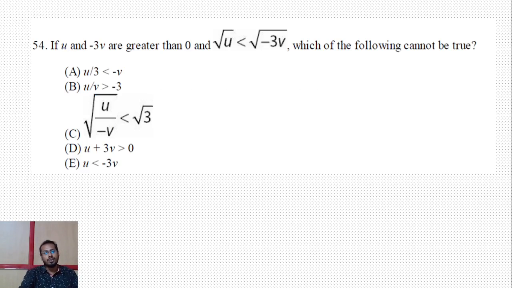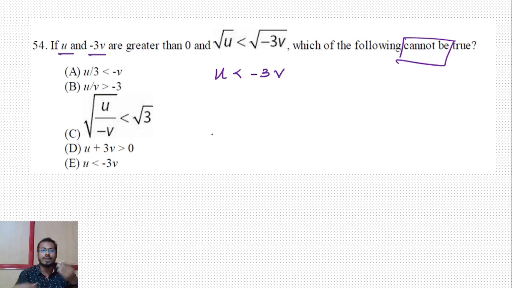Look at this: u and negative 3v are greater than 0. So the equation is given, and the question is which of the following cannot be true. So here, instead of must be, it is cannot be, so only one value is wrong here. Now we can understand one thing: u should be less than negative 3v, and the same thing happens inside the root.